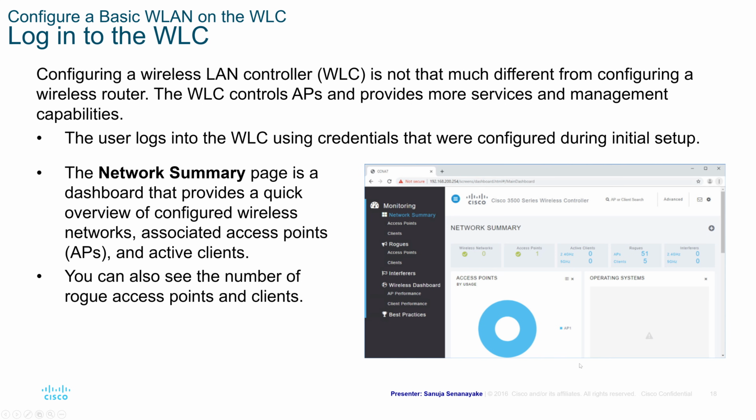When the network administrator logs in, the first page they see, the home page, will have a quick overview of the configured wireless settings. You can also see the number of rogue access points and clients. It will also show some additional data on the main page of a Cisco WLC, because other WLC home pages may differ slightly.